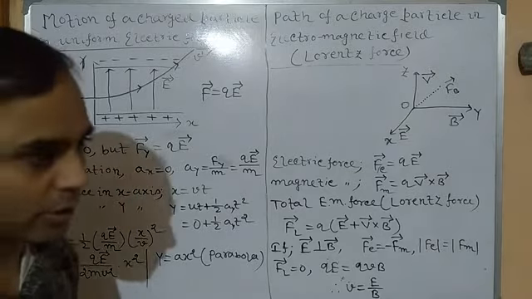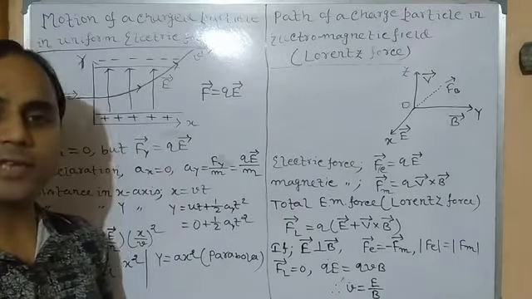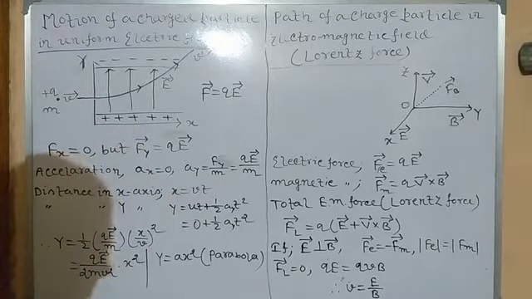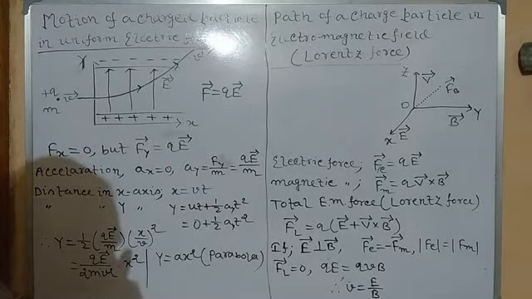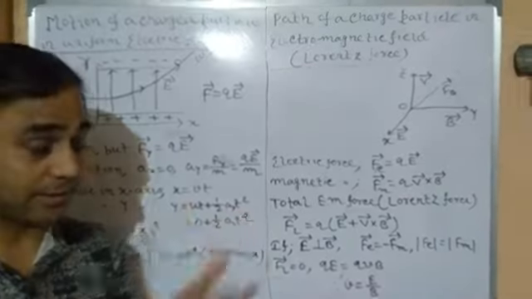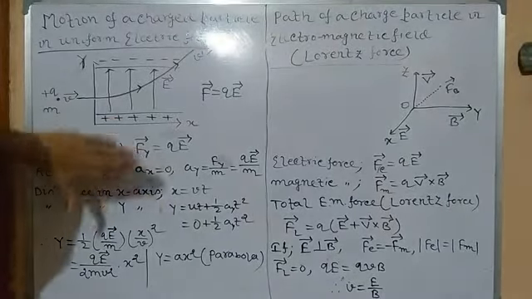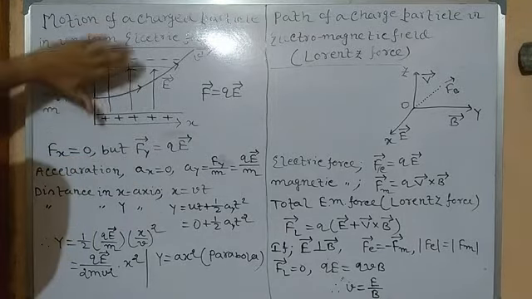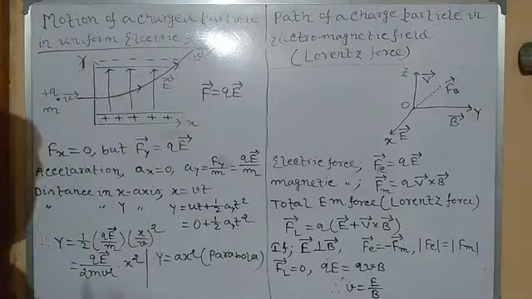I think it is clear, because the electric field always acts from positive charge to negative charge, just like the magnetic field acts from north pole to south pole outside the magnet. So the electric field acts from positive plate to negative plate, that is in the upward direction.